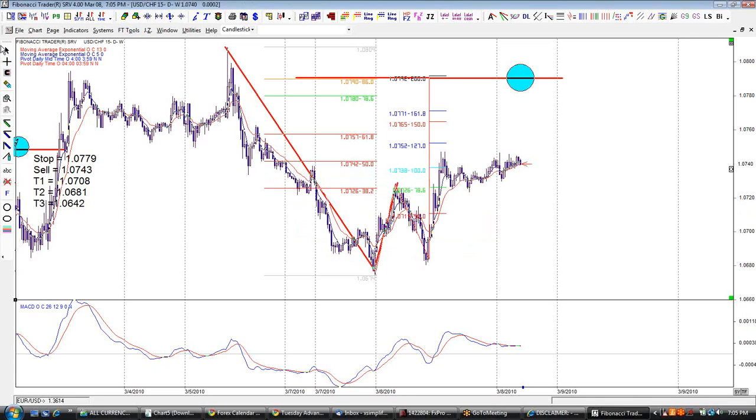Let me draw the lines, and I will delete the expansion so you guys can see it more clearly on the chart. Can you guys still hear me? I want to make sure I'm on. Okay.